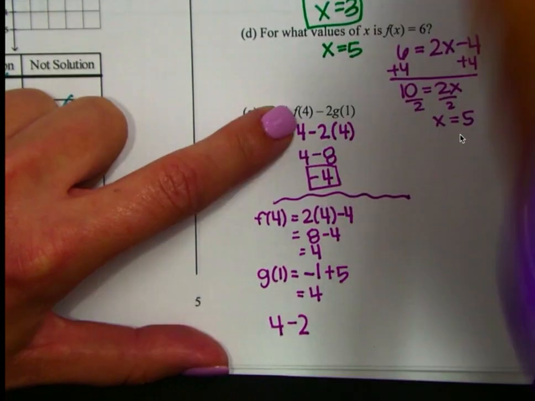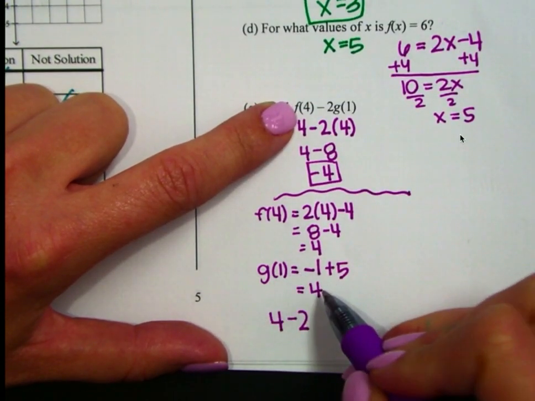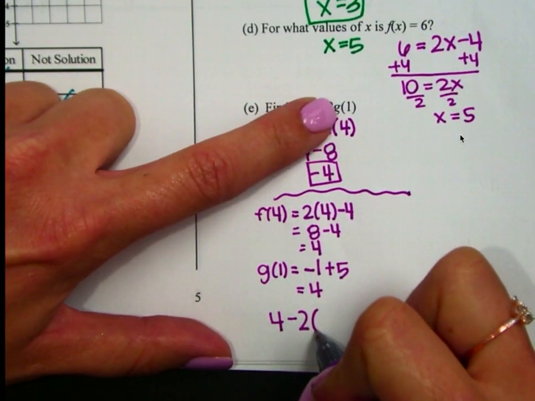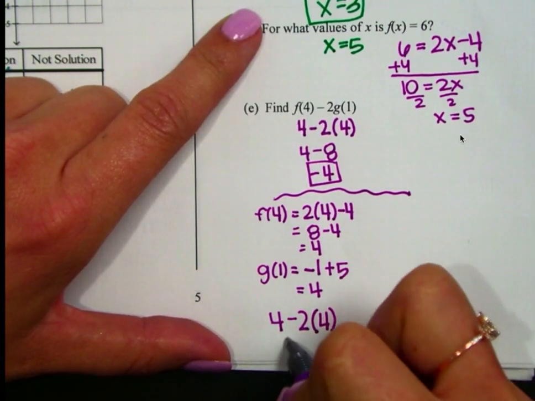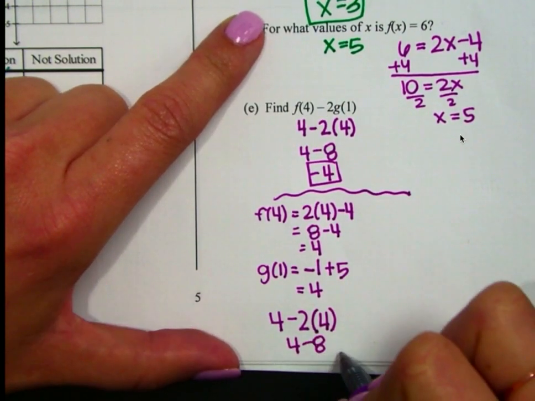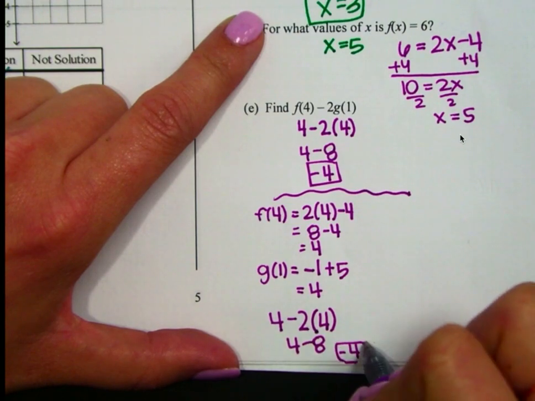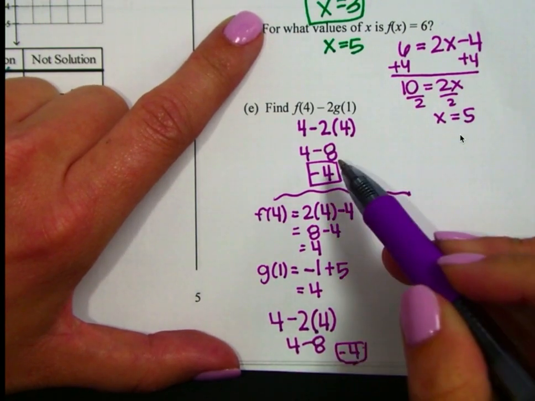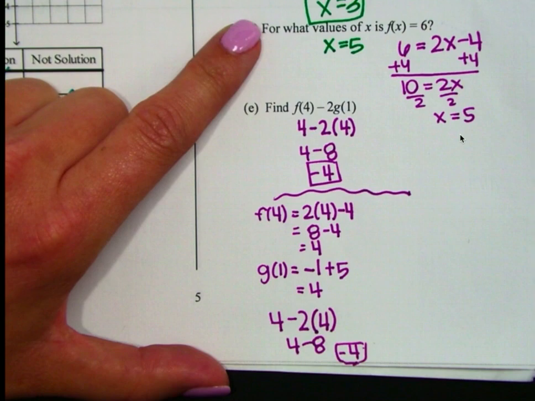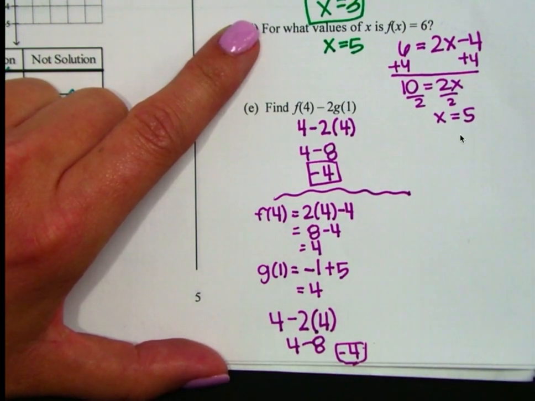G of 1 I know is 4, so I plug that in right here for g of 1. And again, 4 minus 8 gives us negative 4. Okay, so you can either read the graph or use your functions, or do both on your test to double check your work.